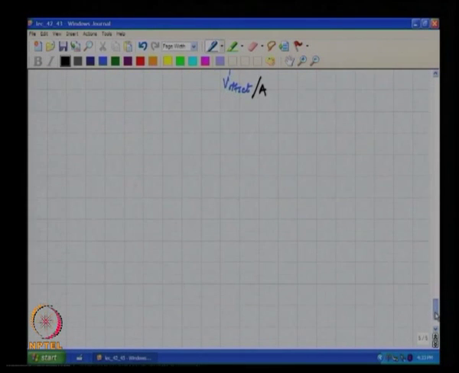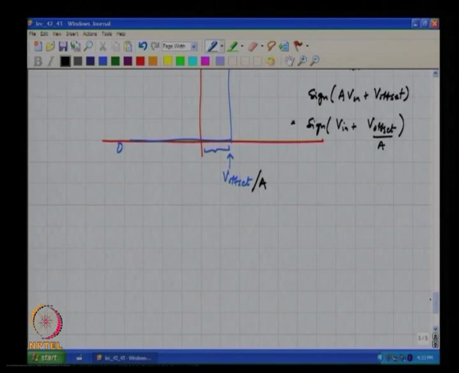So, this amplifier, again I am just taking the liberty of drawing single ended diagrams, okay.